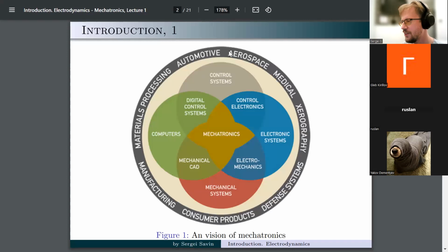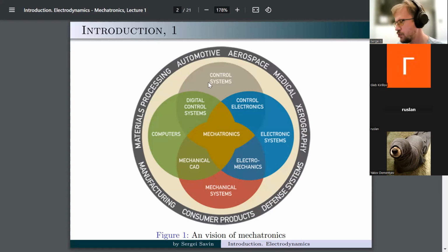So first of all, this is the type of picture you would see if you Google mechatronics, just the word. This is a very popular picture. You would see it pasted on the walls of universities. People love to dwell on it. It's very popular, probably because people like diagrams in general.